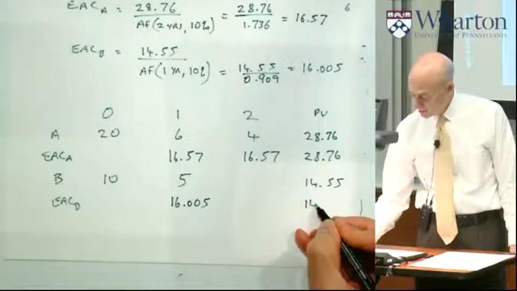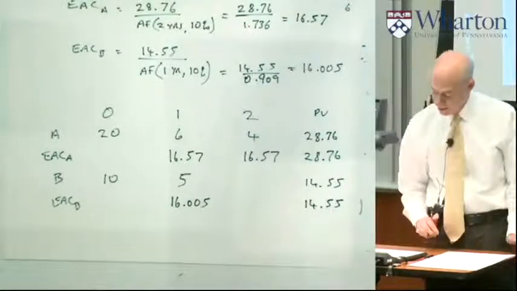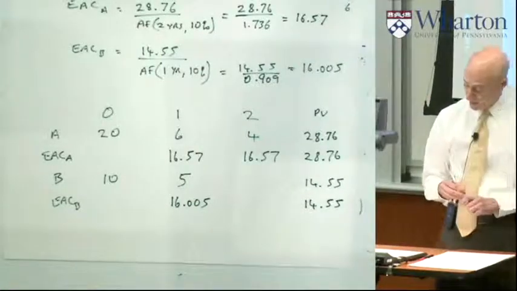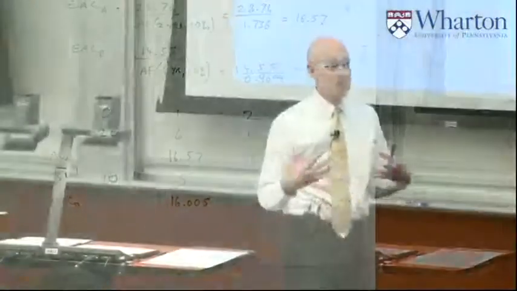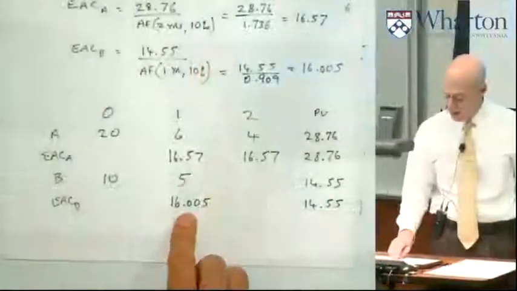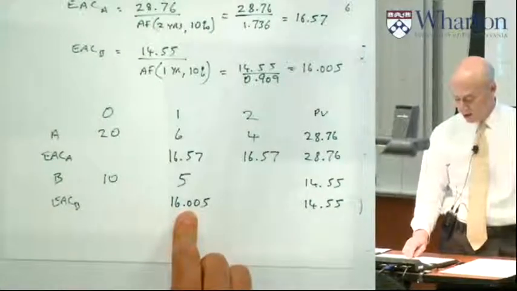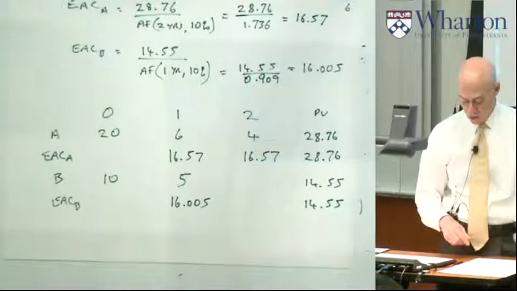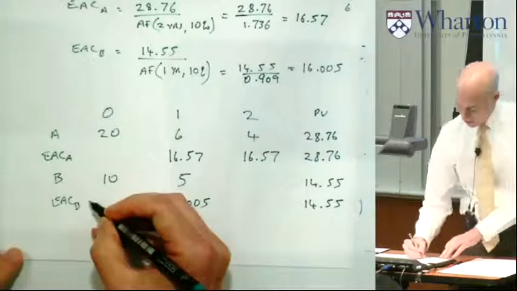That also has PV of 14.55. So what we're doing is finding the constant amount which gives us the same total present value. Clearly B is better because its cost per year is lower. So we're going to choose B.